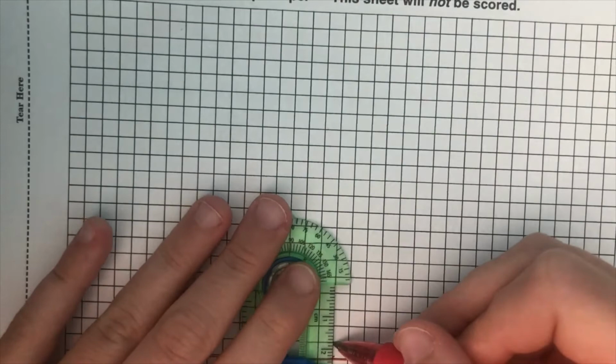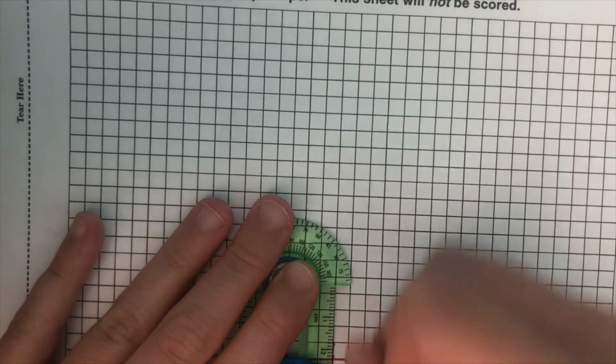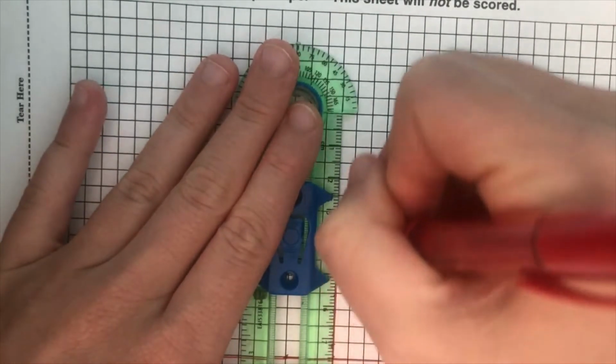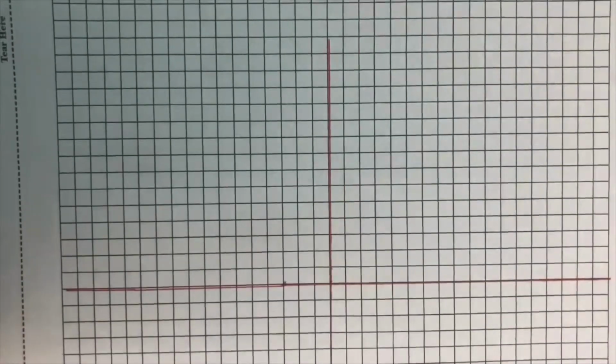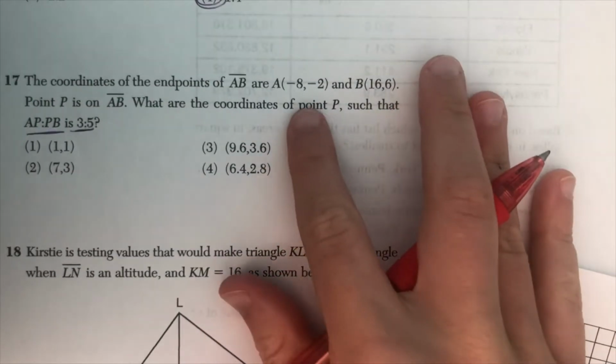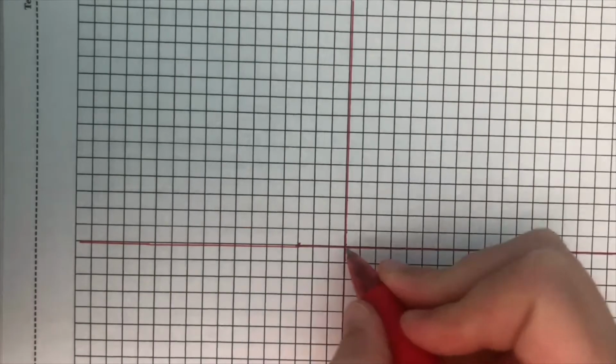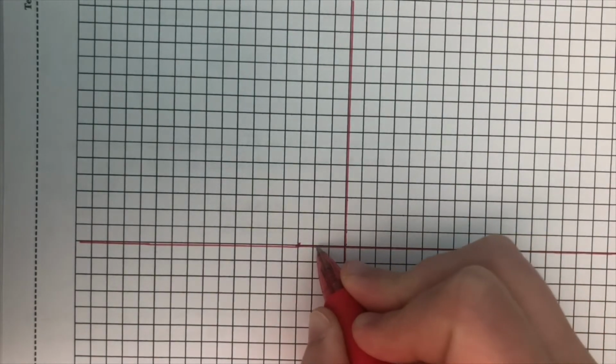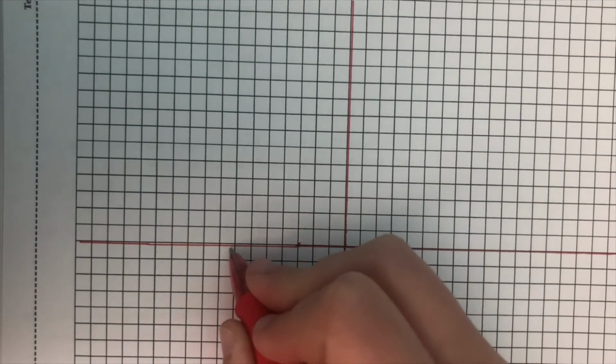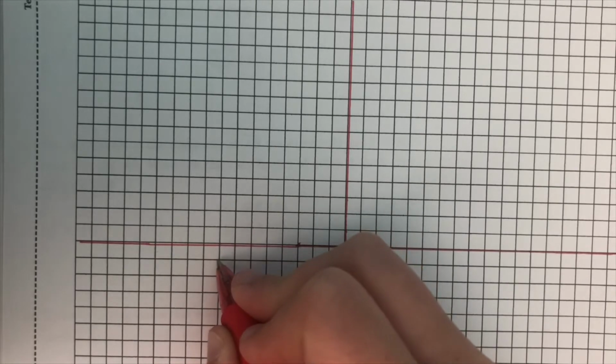And the y, I'm just going to try to estimate where the middle is. Okay. So we were given that point A is -8, -2. So now I'm plotting -8, -2. So 1, 2, 3, 4, 5, 6, 7, 8, and -2, down 2.